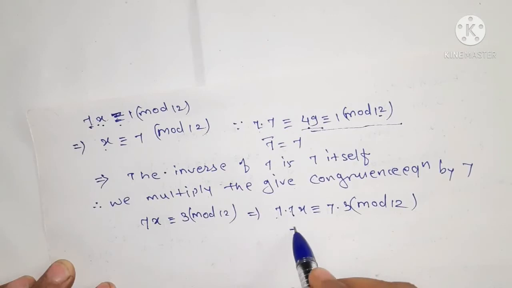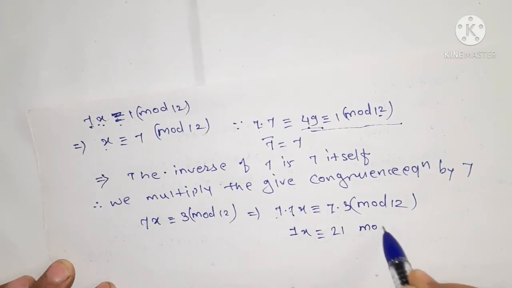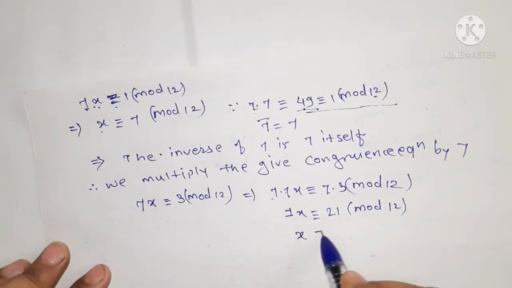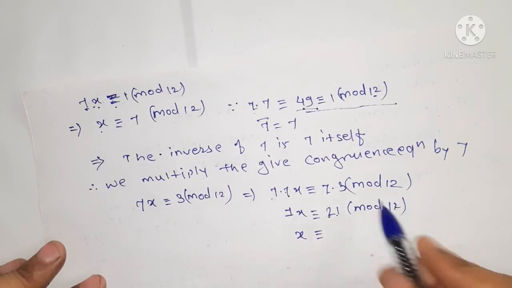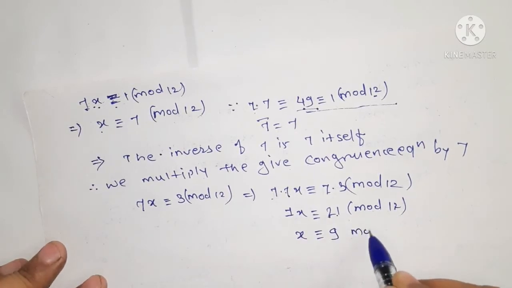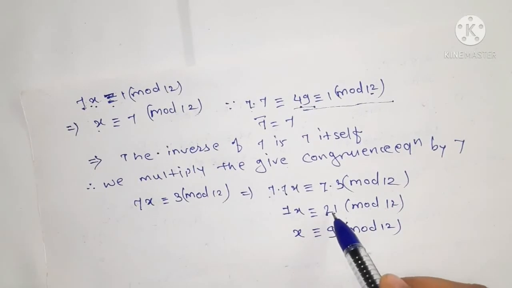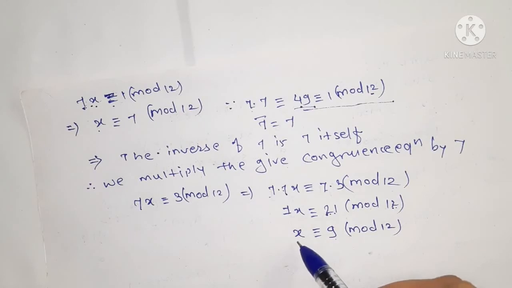So we get 1x is congruent to 7 times 3, which is 21, modulo 12, and therefore x is congruent to 21 under modulo 12, which is 9 under modulo 12, because when we divide 21 by 12, we get the remainder 9. So we have x is congruent to 9 modulo 12.